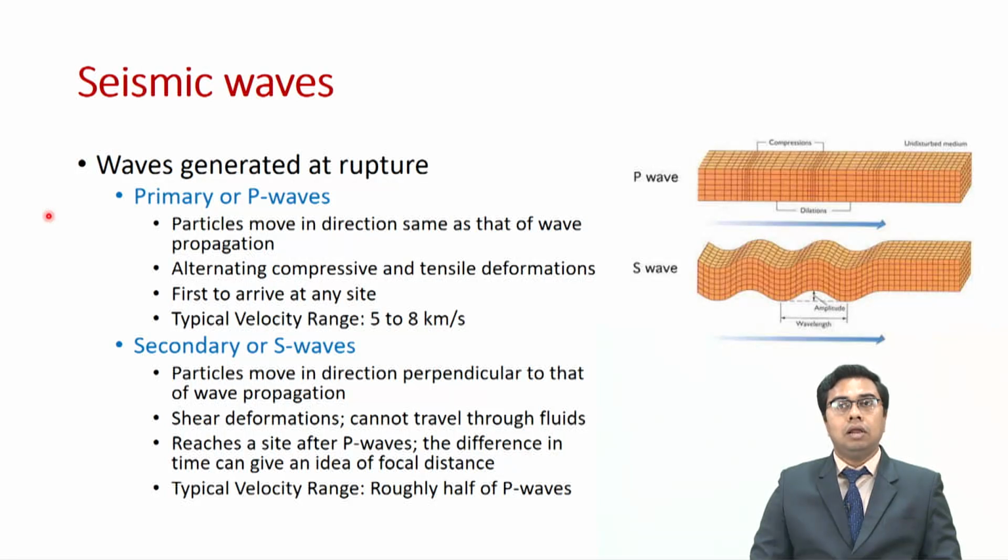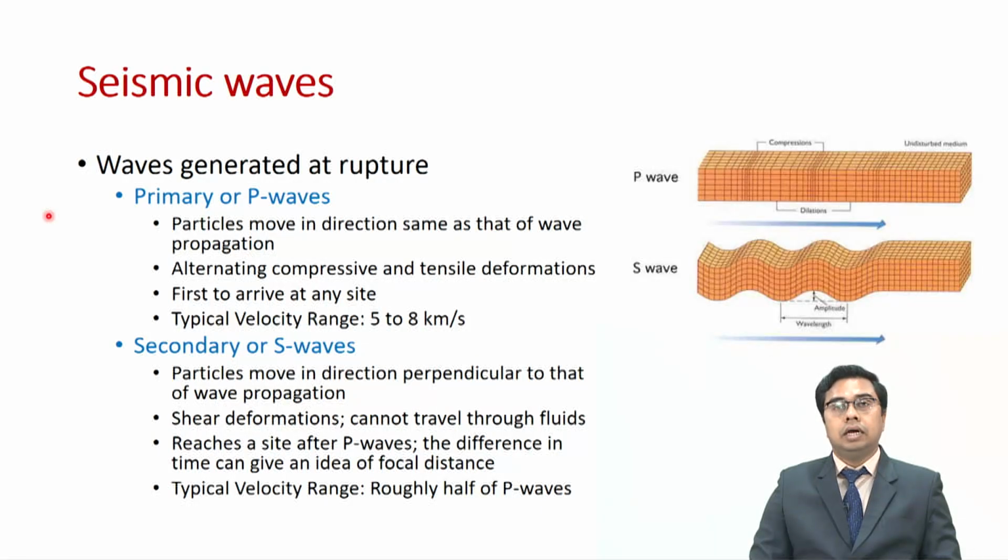So, there is a cycle of alternating compressive and tensile deformations. These P waves are the first to arrive at any site, which implies that the velocity among all the body waves is highest for the P waves. The typical velocity range for P waves is 5 to 8 kilometers per second.